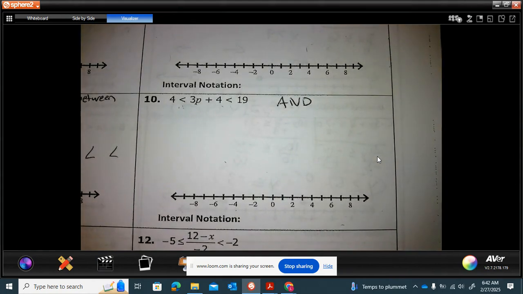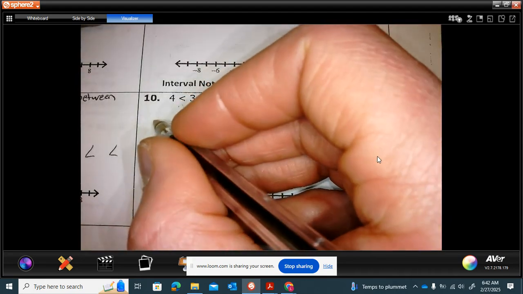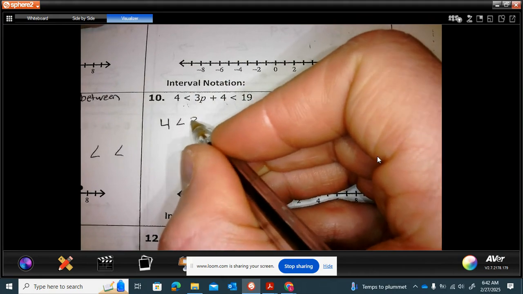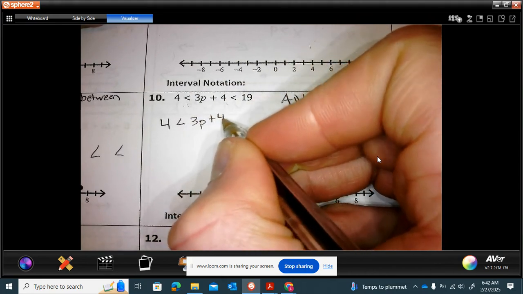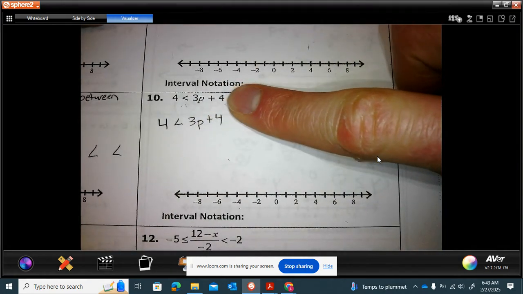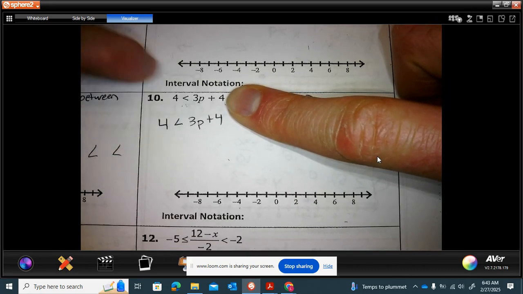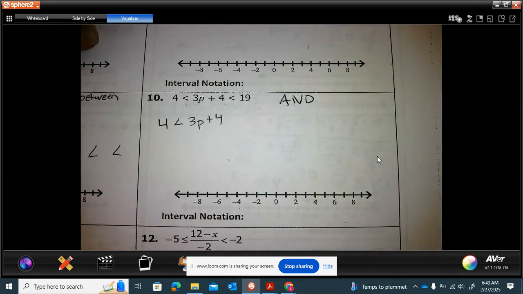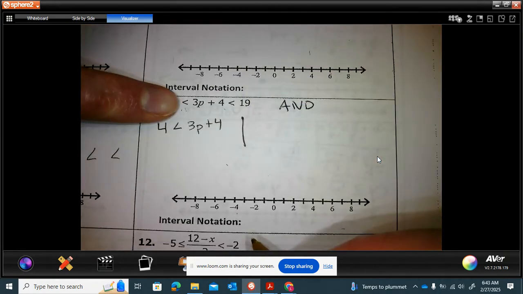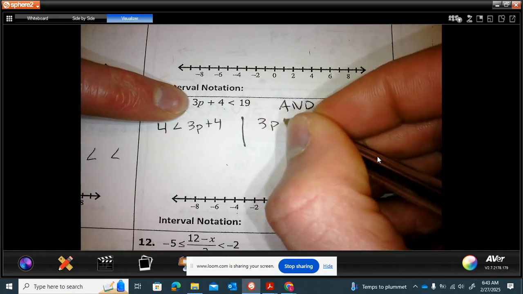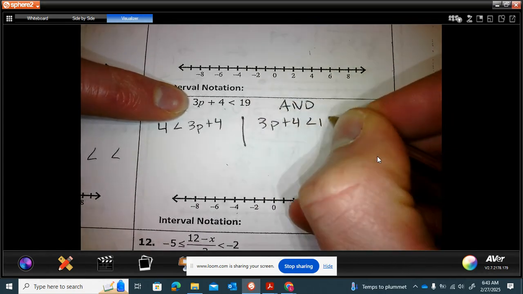I split it up, and I do 4 less than 3p plus 4. So the first time I cover up the ending, and I just write that down, 4 less than 3p plus 4. Now the second one, I cover up the first, and I do 3p plus 4 less than 19.